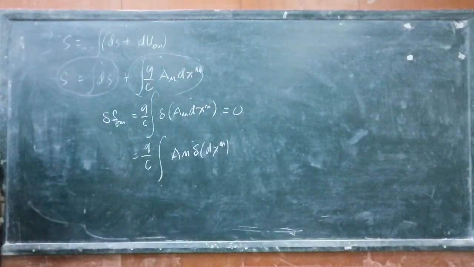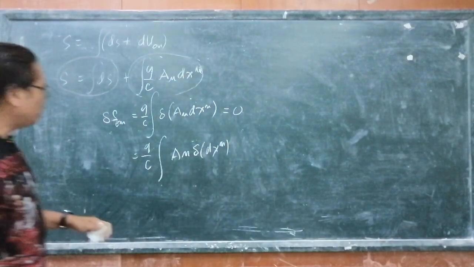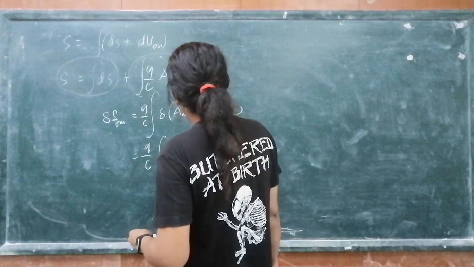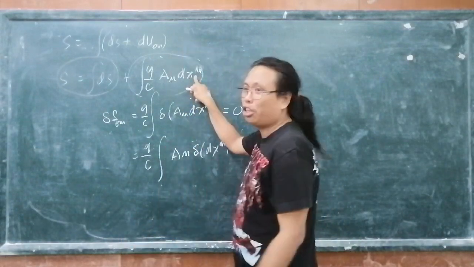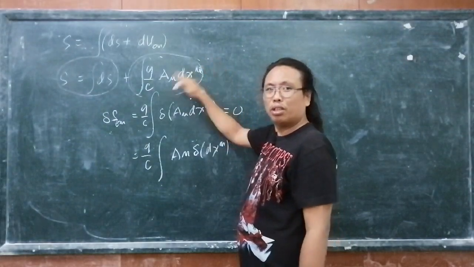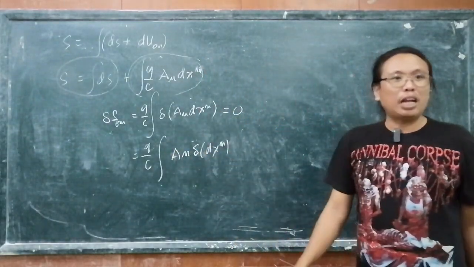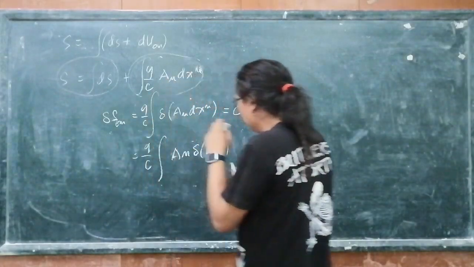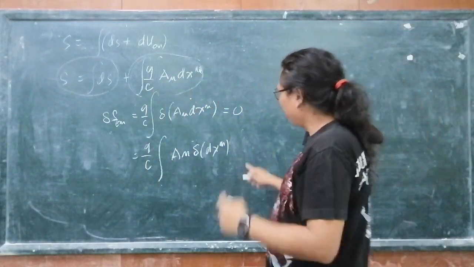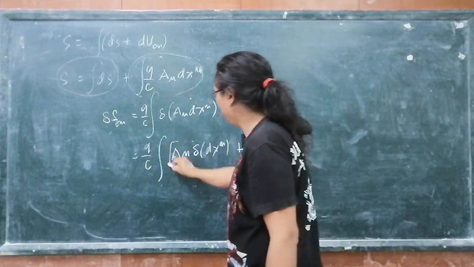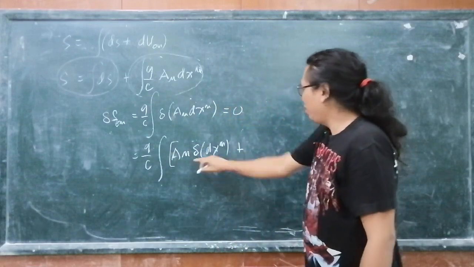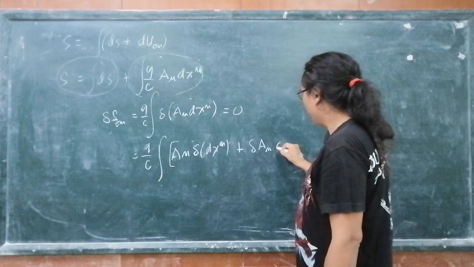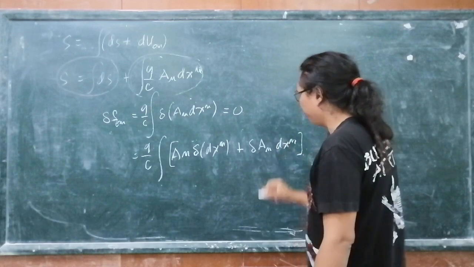Well, we might take the contravariant vector instead, but since we are taking the summation with dx^mu, that's why we take the covariant term. Plus what? The variation of this, A_mu delta dx^mu, right?